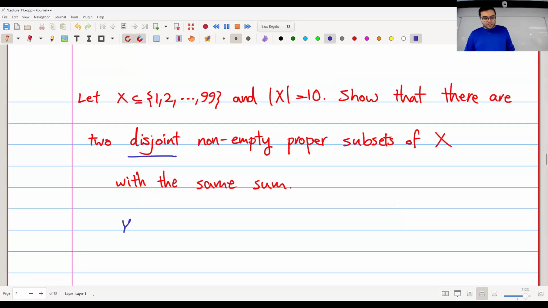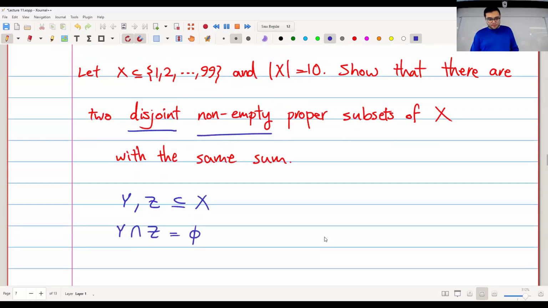So I want to find y and z, and I want these y and z to be subsets of x, but I want them to be disjoint. So I want their intersection to be the empty set. I want them to be non-empty, which means that y is not the empty set and z is not the empty set.